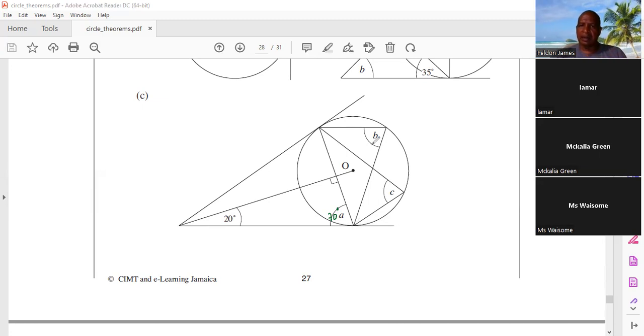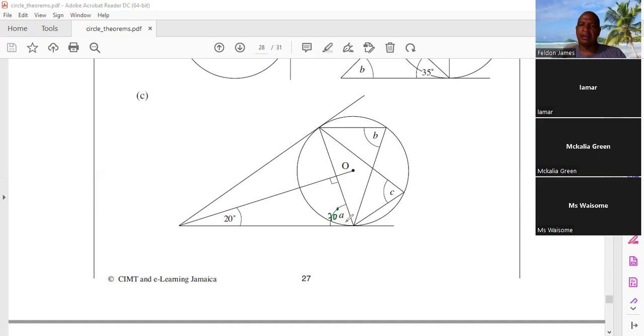What is B here now? Who can determine what B is? Sir, is it an alternate angle? Well, we would see it as an alternate angle because it would be alternate to this angle A, right?